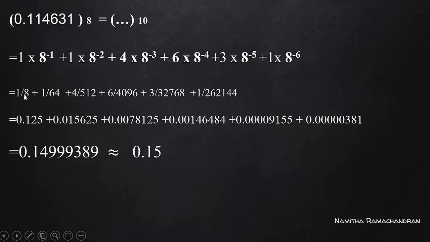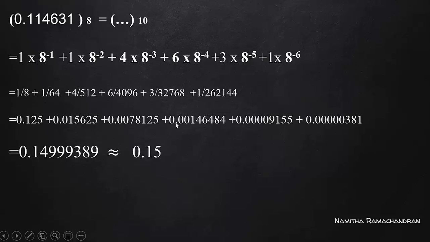So this means 1 by 8, plus 1 by 8 square, that is 1 by 64, plus 4 by 8 cube, that is 4 by 512, plus 6 by 4096, plus 3 by 32768, plus 1 by 262144.